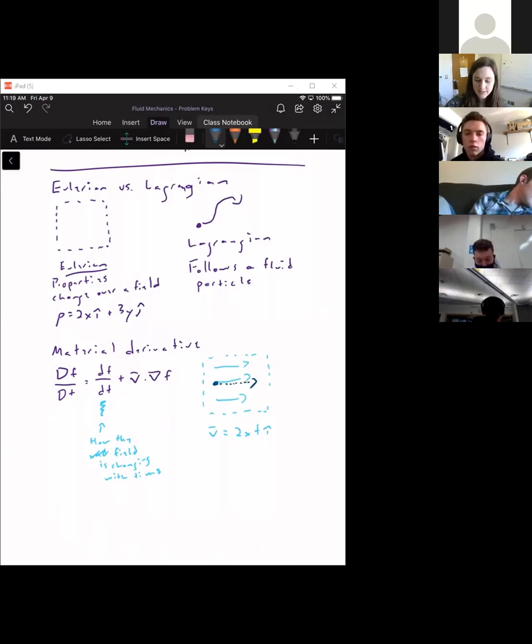On that little thing, there's an acceleration, which we might care about because that would give us the momentum change on that little piece as it passes through a spot, which we could then use to figure out what the forces are on that little piece as it passes through a spot.